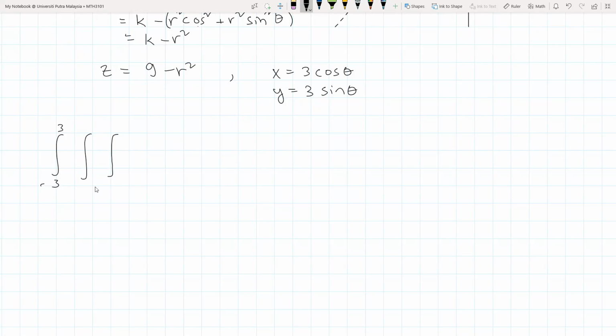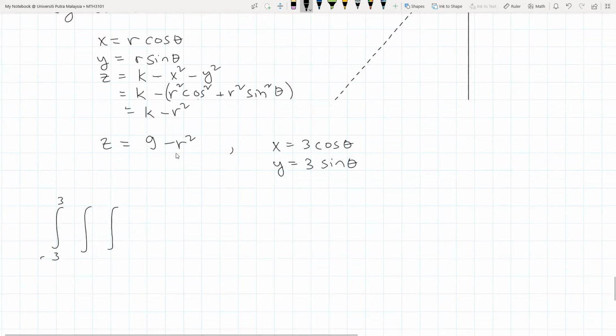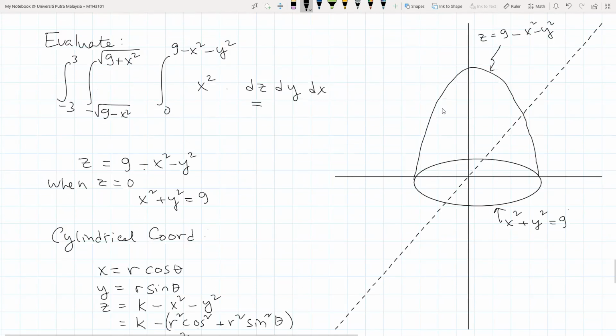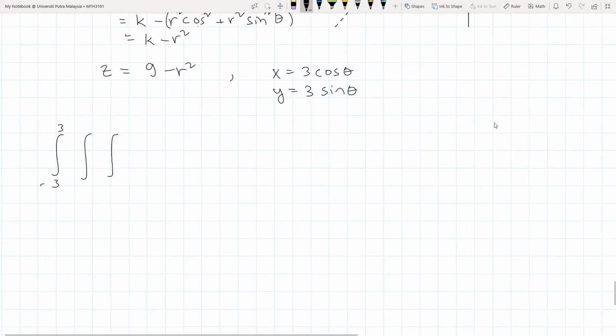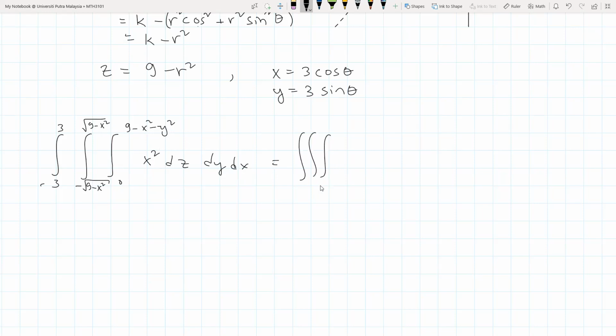x goes from -3 to 3. And then y goes from minus square root of 9 minus x squared to square root of 9 minus x squared. You need to do the conversion. After this, 9 minus x squared minus y squared, and then this is x squared dz dy dx. Okay, and then this is just equal to the triple integral over region G of x squared dV.